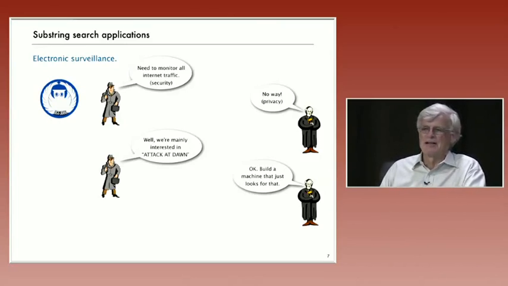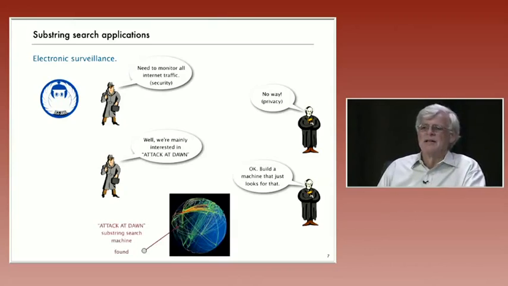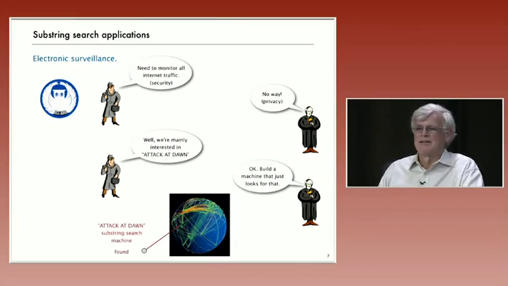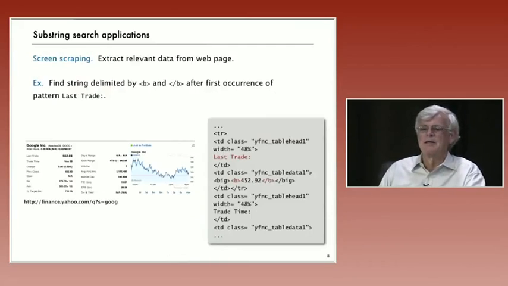Actually, one of the techniques that we look at is perfect for building hardware that can be put on a stream of data passing by and just light the light if that particular pattern is seen. So you attach one of those machines all over the web, and if attack at dawn happens, then you find it. That's a simplified explanation of what it is that we're going to try to do.